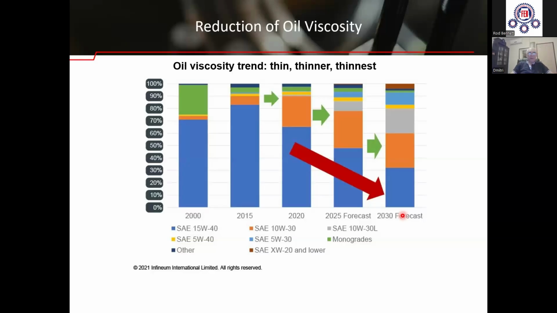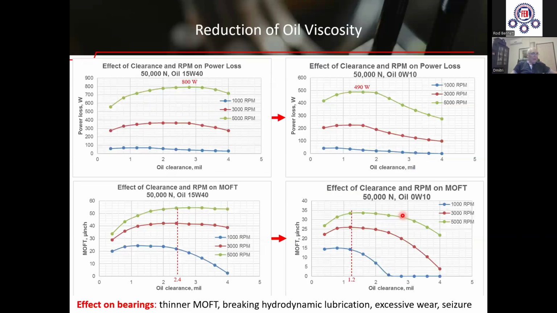But what about the bearings? In this slide, you see a comparison of the effect of two oils. The left graphs are about the oil 15W40, and the right graphs about the oil 0W10. The upper two graphs compare the effect of viscosity on energy loss at three different rotation speeds.